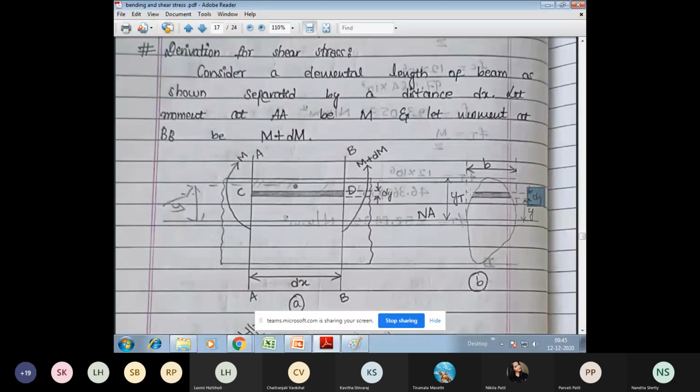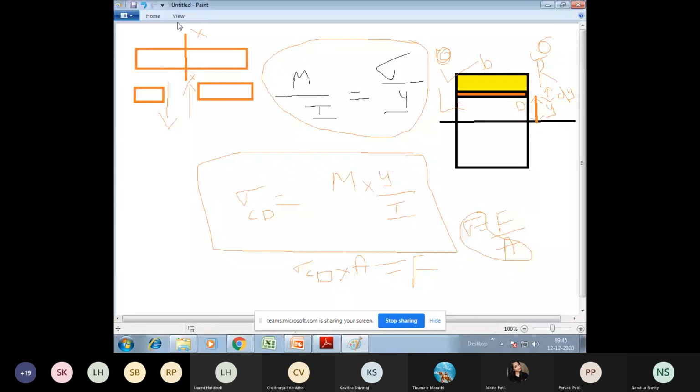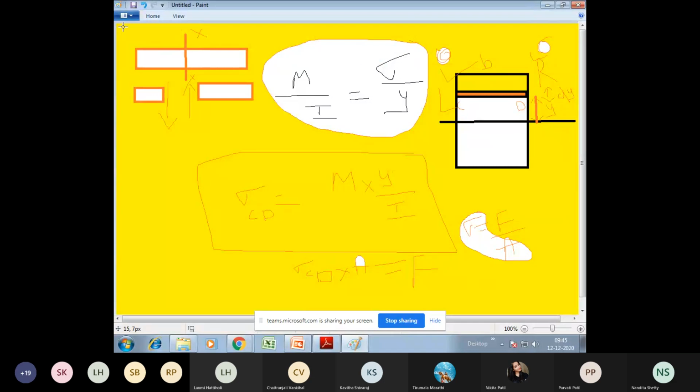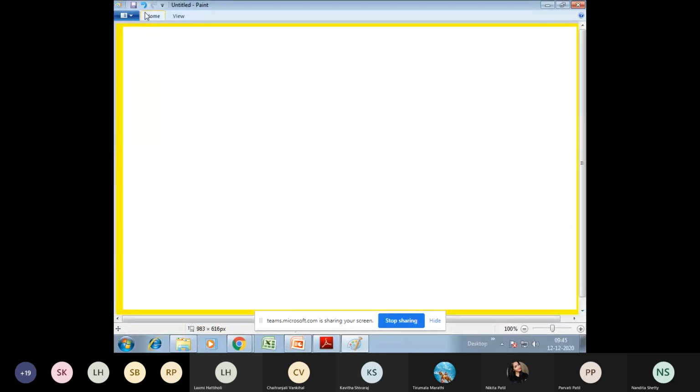The y bar in your formula is the distance to the CG of the top area, which should always be considered as the derivation goes. So from here to here, this is y bar. Let me show it in the diagram itself so that it becomes very clear to you, so that once I go into the numerical examples, there is no problem.